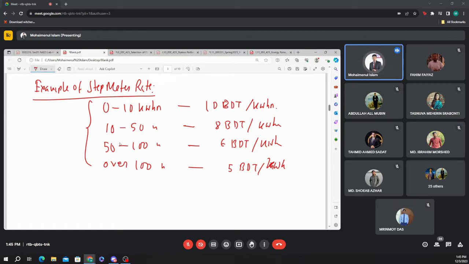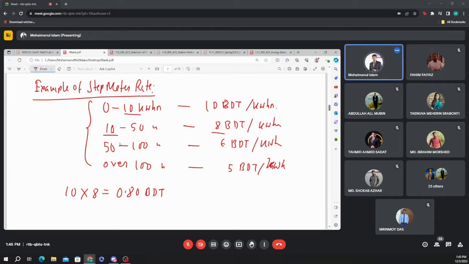You see, for 10, the price is 8 taka per kilowatt hour. Here also for 10, it is 10 taka per kilowatt hour. The lesser value is 8 taka for 10 kilowatt hour. So we can design like that. We can make some steps in between. So 10 into 8 is 0.80 BDT.